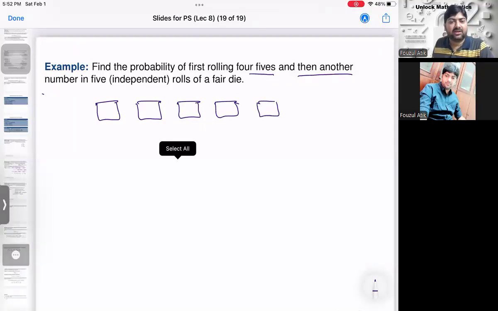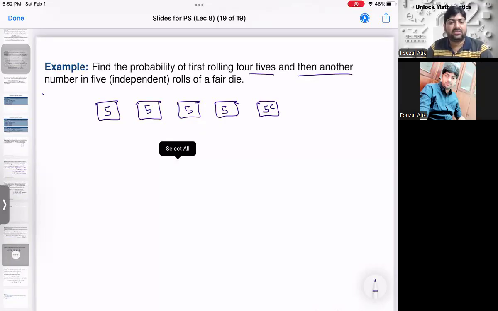You have to get the first 4 as 5, right? So here this is 5, then this is 5, this is 5, and this is 5. And then you have to get another number, so maybe I can say 5 complement, that means other than 5.